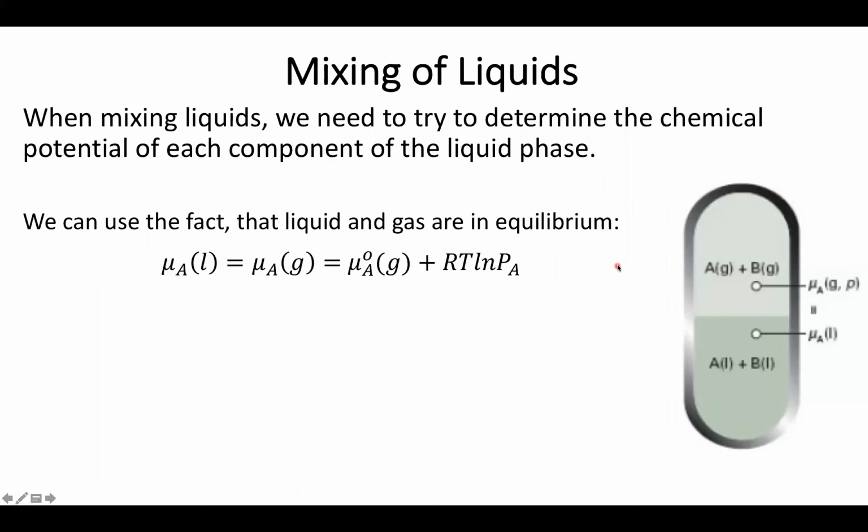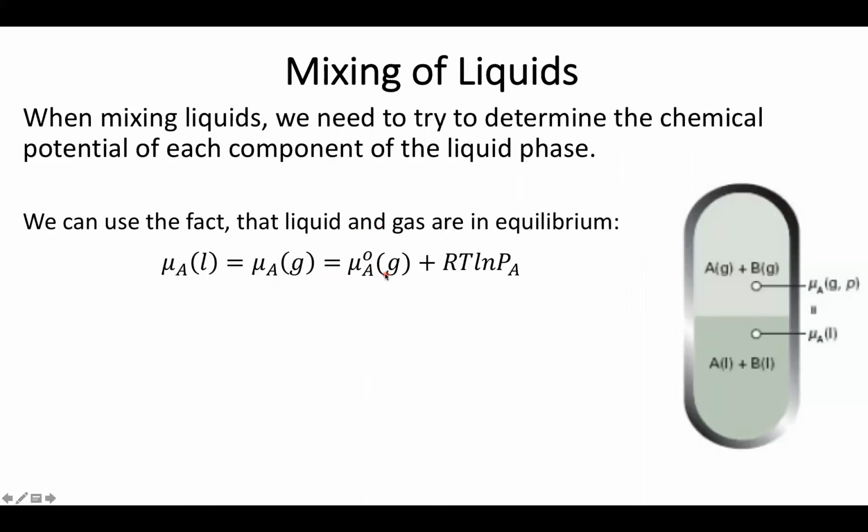And this is for our actual system, which is fairly useful because now I've turned a metric of the chemical potential for my liquid into components that I can treat a lot more easily, namely that of the gas.